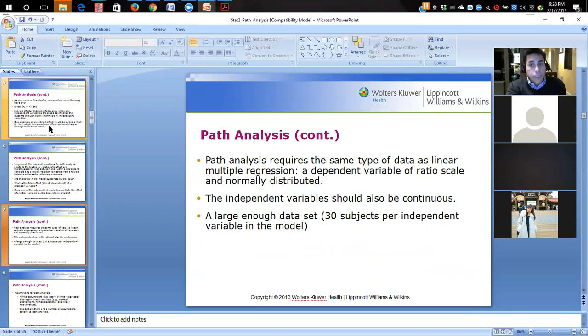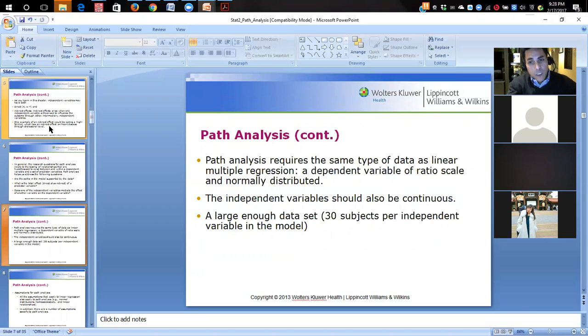Age is okay because age is a continuous variable, but you cannot use it in path analysis when you collect age data as an age range, such as 20 to 29 is 1, 30 to 39 is 2, and 40 to 49 is 3.